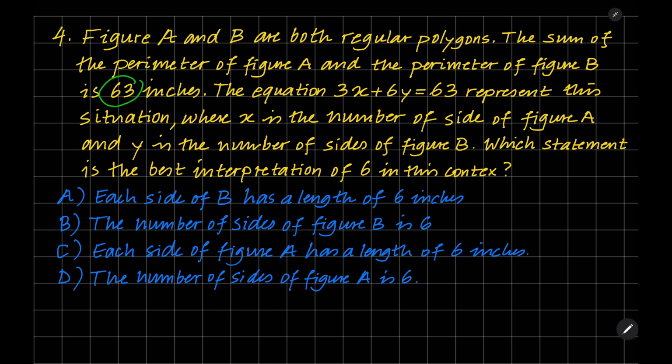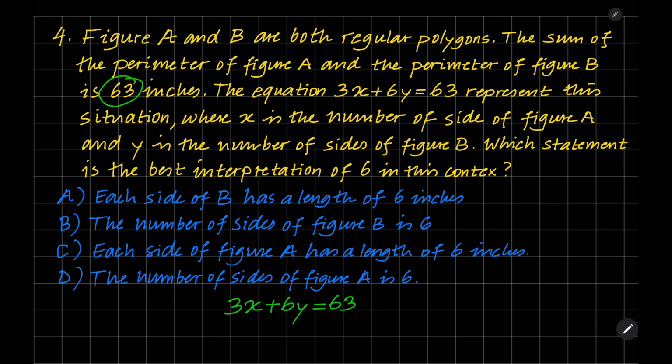It's also given that x is the number of sides of figure A and y is the number of sides of figure B, and that the equation 3x plus 6y equal to 63 represents this situation.